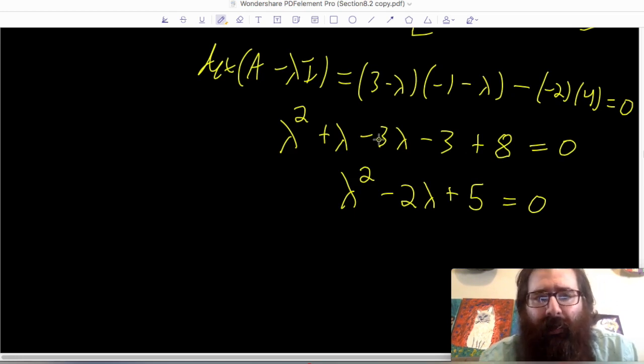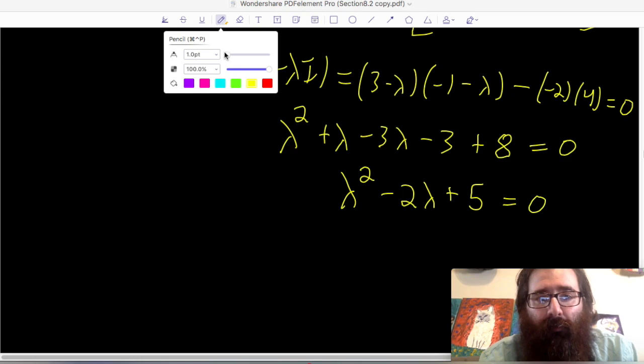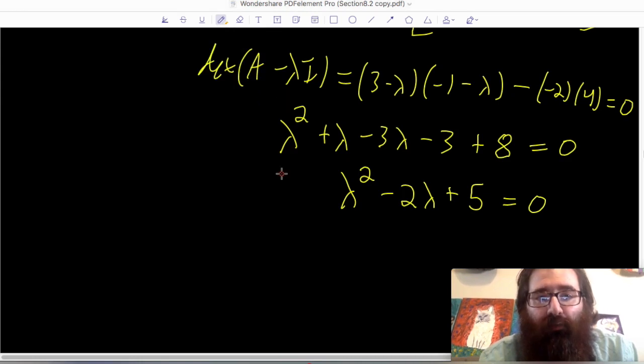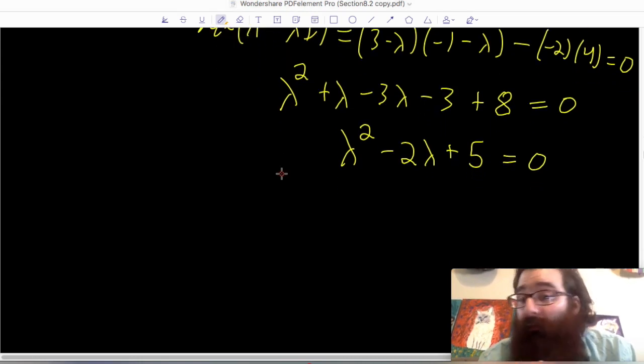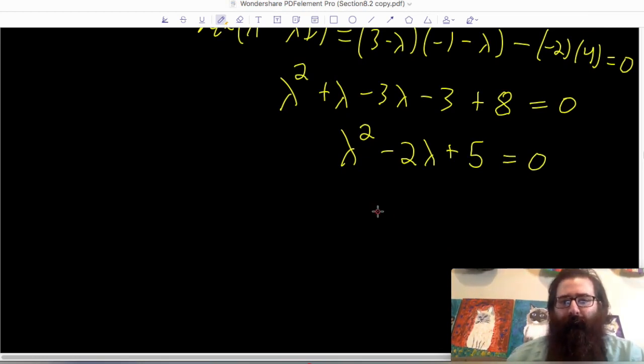This does not look like it's going to factor, so there is no reason why we wouldn't go ahead and take a look at the quadratic formula. So we'd say lambda is equal to, I want -b, so that's -2, which is 2, plus or minus the square root of -2 squared.